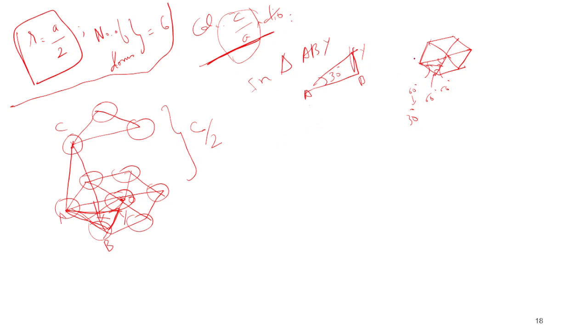So you guys are able to understand this, right? No problem? If there is a problem, please do let me know. And we also know that this is a side.